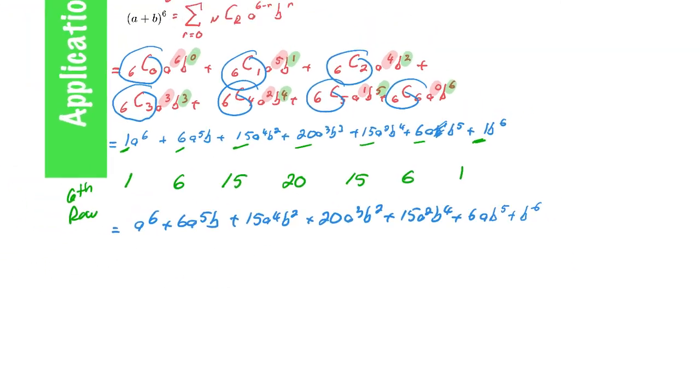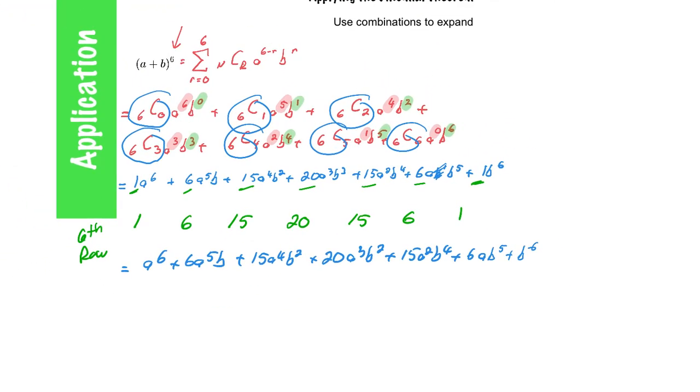Okay, so that is the binomial theorem linked up with combinations to expand and using the sigma notation. It's derived from the 6th row of Pascal's triangle.